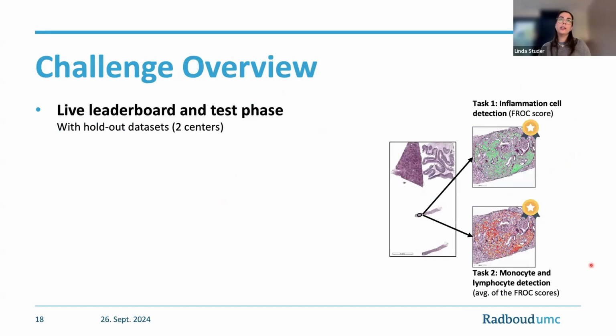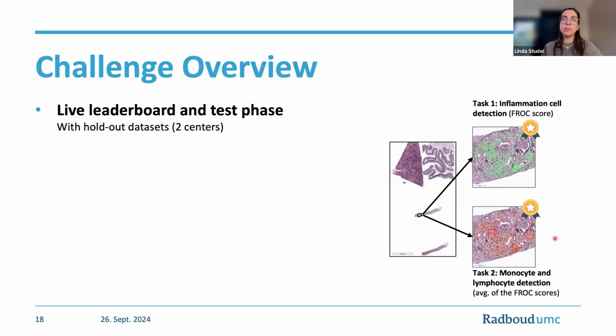Now, the challenge itself consists of two tasks. First, we have the overall inflammatory cell detection, and this is what is used for diagnostics. They are currently not differentiating between different immune cells, but just looking at the overall inflammation. Now, we also wanted to add a second task that is computationally more challenging.